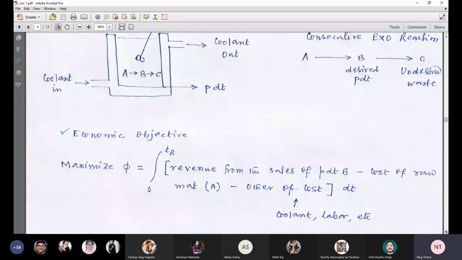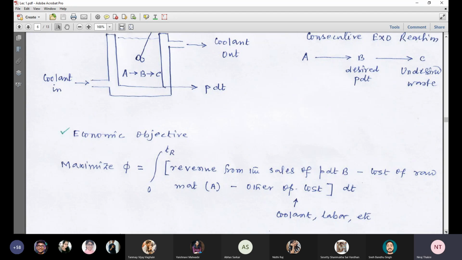You see, this is our economic objective. Here phi is basically the profit. We want to maximize the profit. So what is basically profit? How much we earned by selling our product B minus expenditure. What is expenditure?